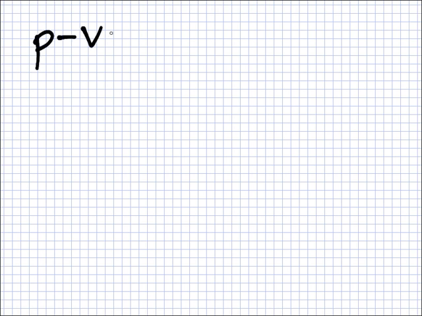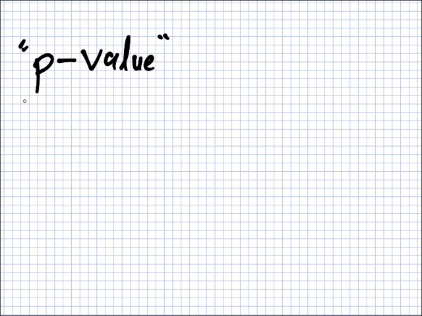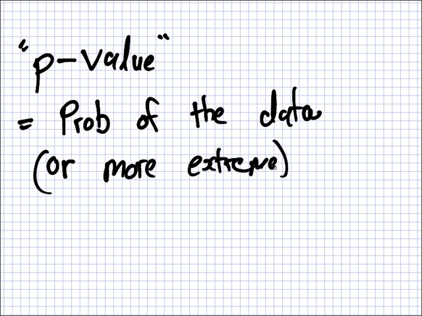So we have something called a p-value, and please don't confuse that with p. These are two different things. So p-value, as like one word, that is the probability of the data or more extreme, assuming H0 is true.